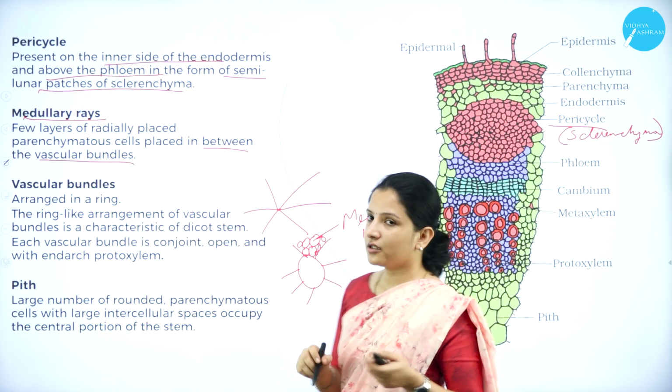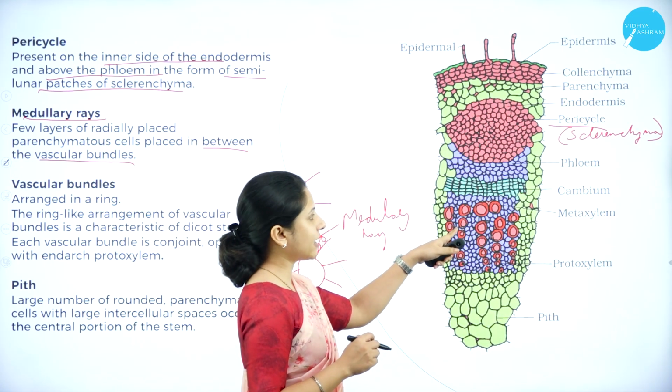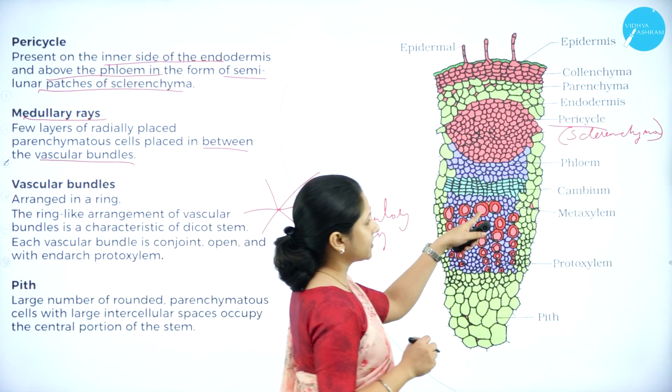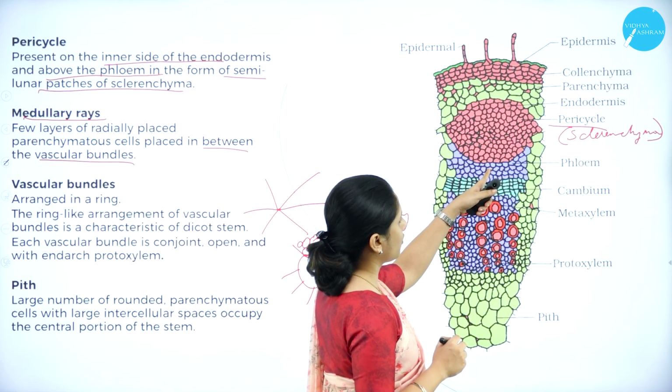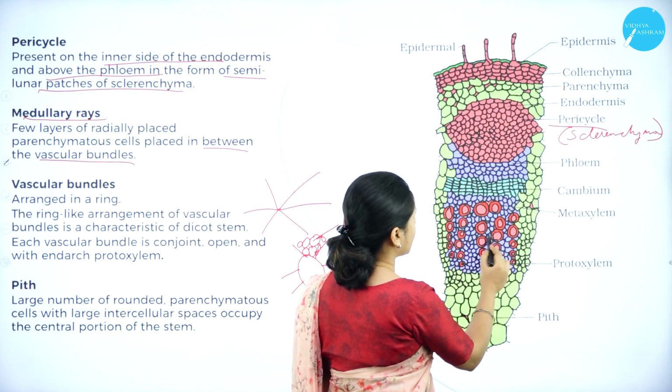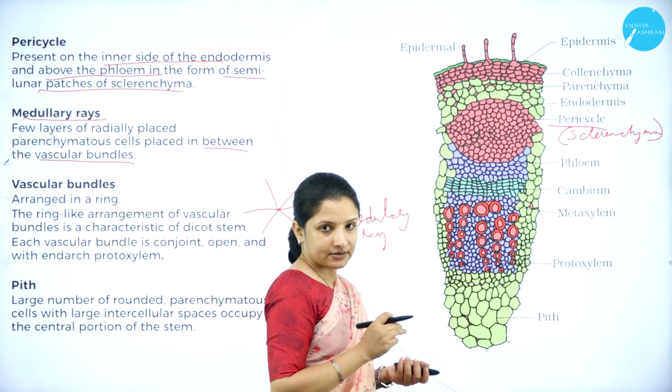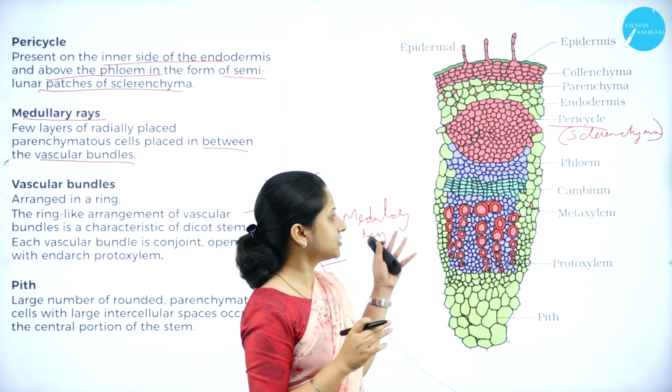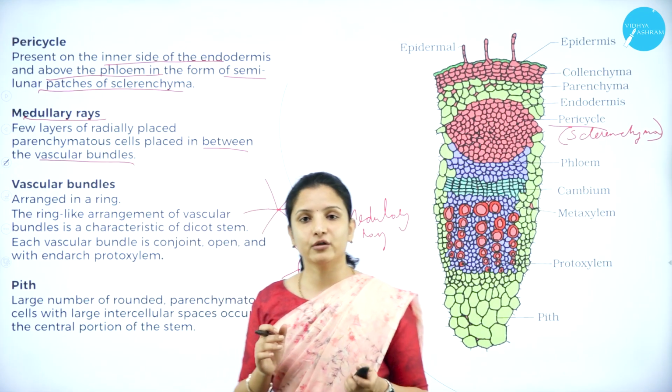As you can see here, they are arranged between the vascular bundles. Here there is the vascular bundle, that is the phloem and the metaxylem. In between these two, you can see the arrangement of the parenchyma cells, which are nothing but the medullary rays.